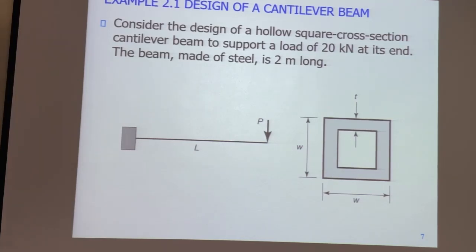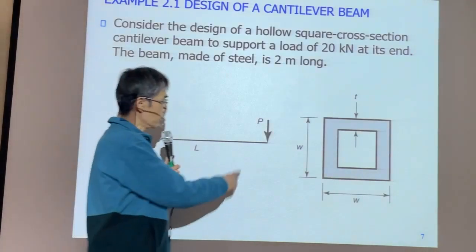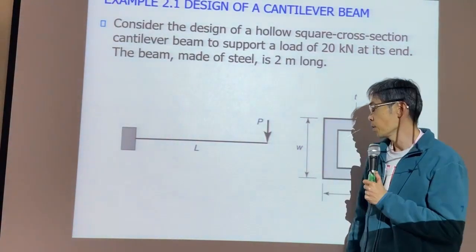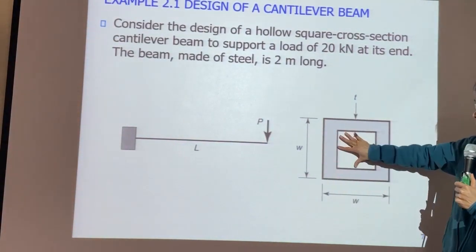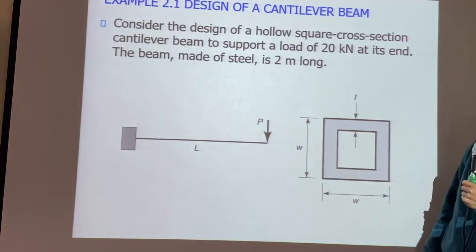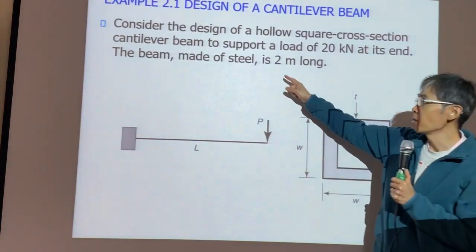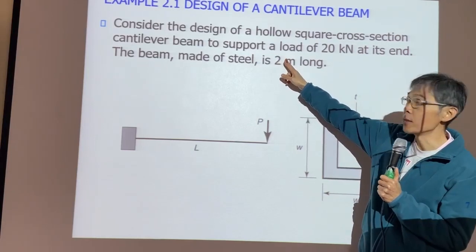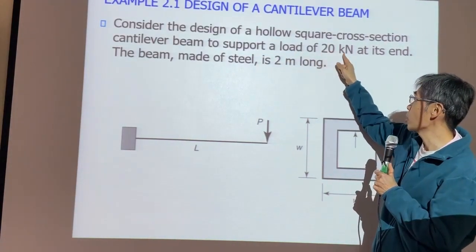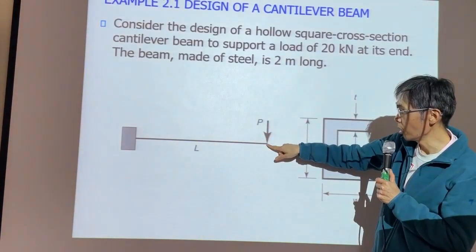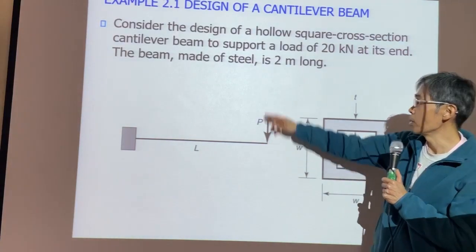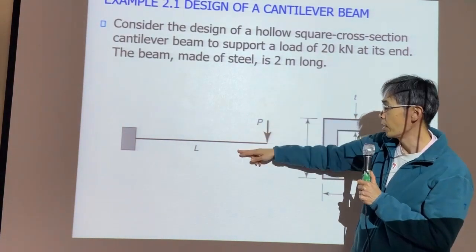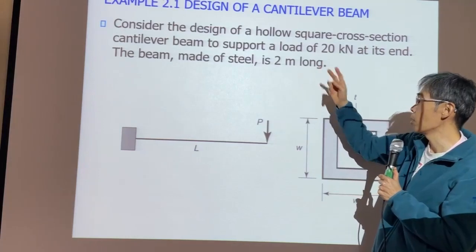Okay, good. So I want to design this beam, and this beam has a hollow cross section. And the constraint is the load of 20 kilonewton at the end, and the material is steel, and the length L is 2 meters long.